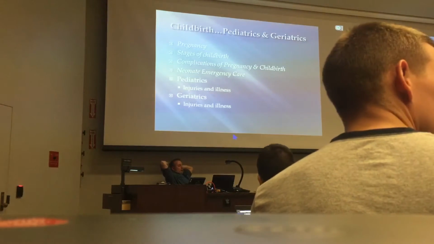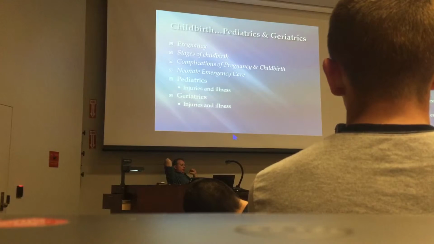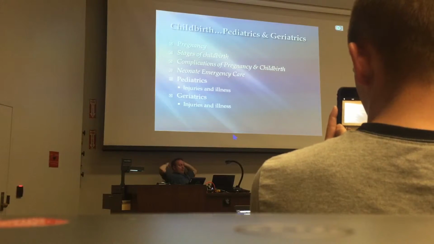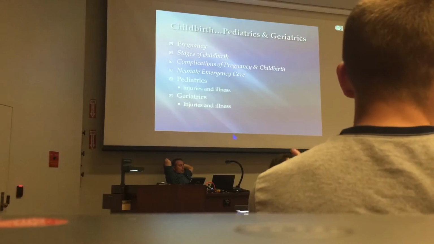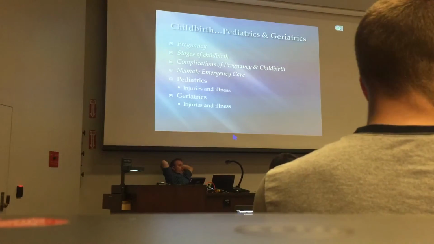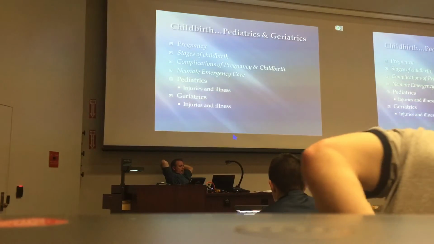Childbirth: what happens to the female patient during pregnancy, the different stages of childbirth, the complications of pregnancy and childbirth, neonate emergency care, all right? How do we ventilate the child? When do we start CPR on the neonate? Okay?